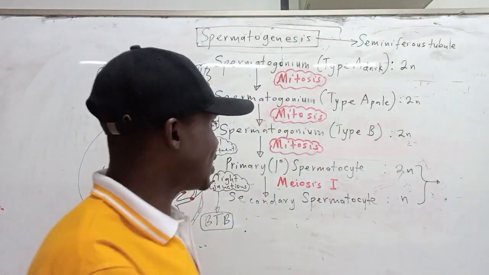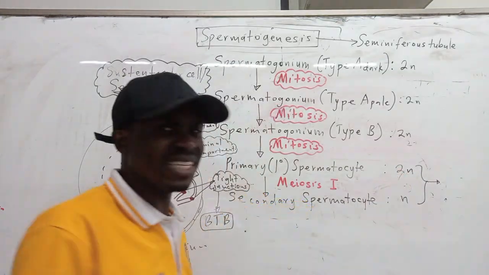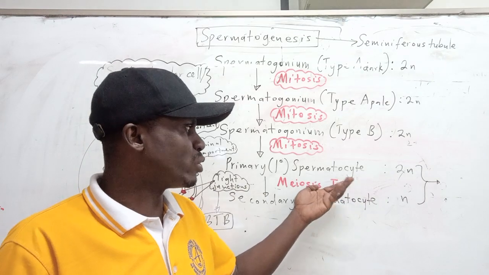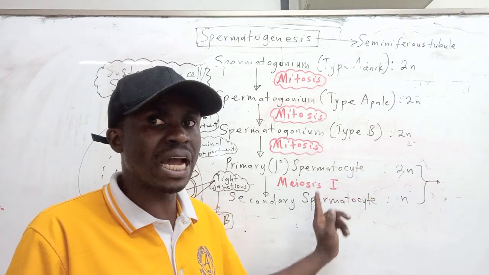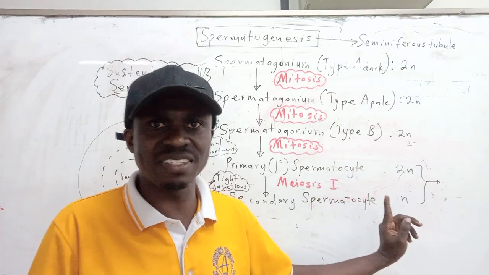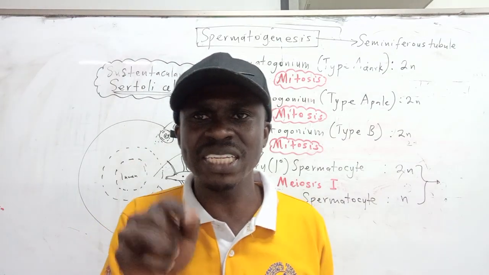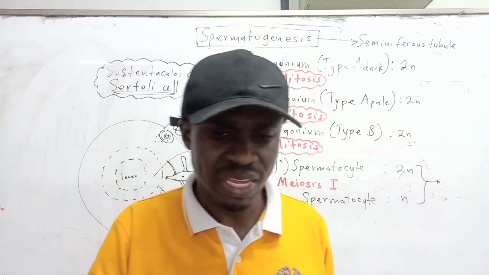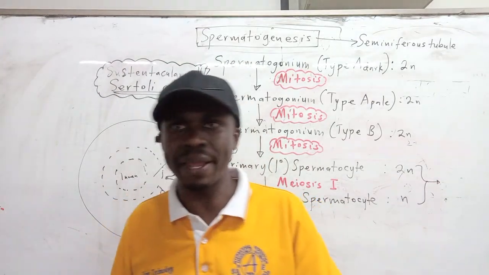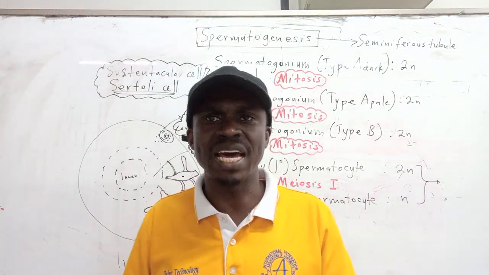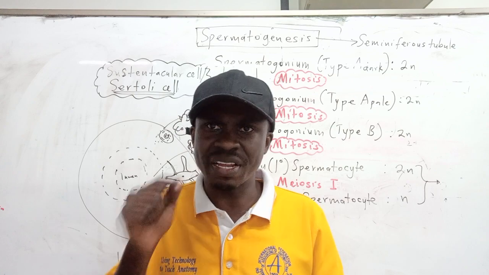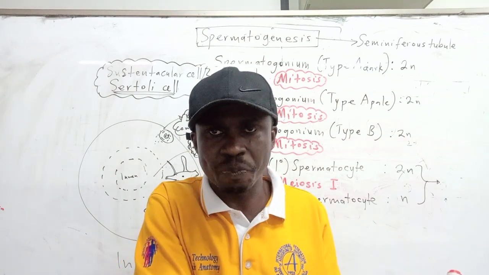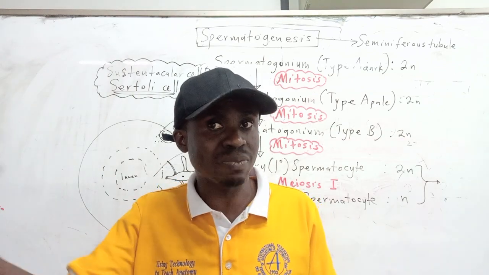Yes. So at this point, what is that stage? The stage of meiosis 1, converting primary spermatocyte to secondary spermatocyte, represents the stage for independent assortment of maternal and paternal chromosomes. Now, what it means is that, for instance, you are aware that the male can either bring a Y-bearing spermatozoon or an X-bearing spermatozoon.